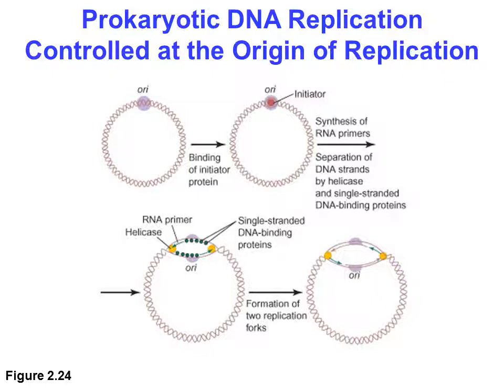For prokaryotes, which is bacterial DNA, DNA replication is very controlled and only begins at a single origin of replication. As you can see here, it begins at the origin of replication and spreads out from there, and slowly that replication bubble gets bigger and bigger until at the end of DNA replication you have two circular pieces of DNA that are detached from one another.